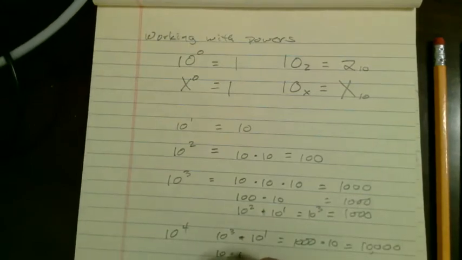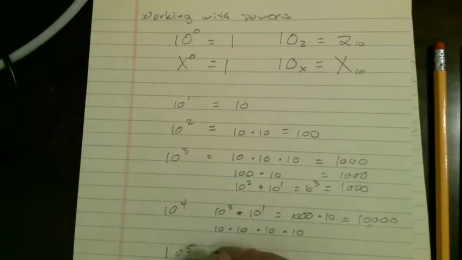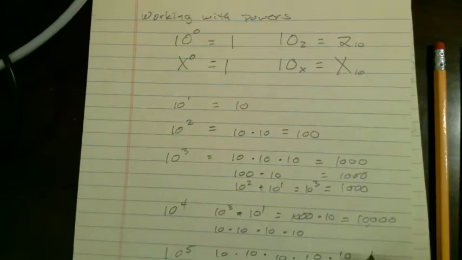It's 10 times 10 times 10 times 10, 4 times, 10 to the fourth. 10 to the fifth is 10 times 10 times 10 times 10 times 10, 5 times. So think of it as 1 with 1, 2, 3, 4, 5 zeros after it. It's 100,000. All right. Now let's go the opposite way.